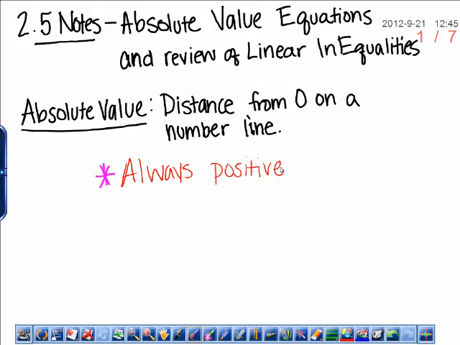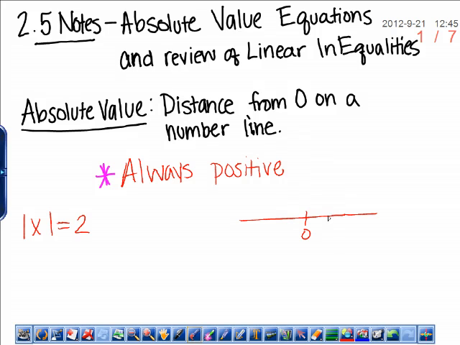Okay, so if I were to ask you to solve the absolute value of x equals 2. If we picture this on a number line, how many different values are there that have a distance from 0 of 2? 2.